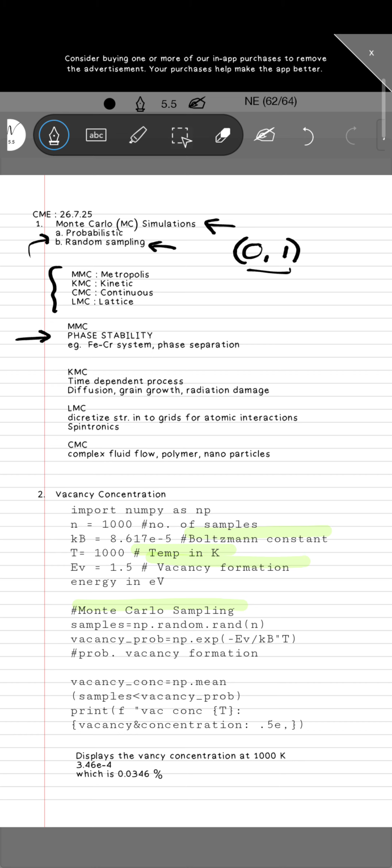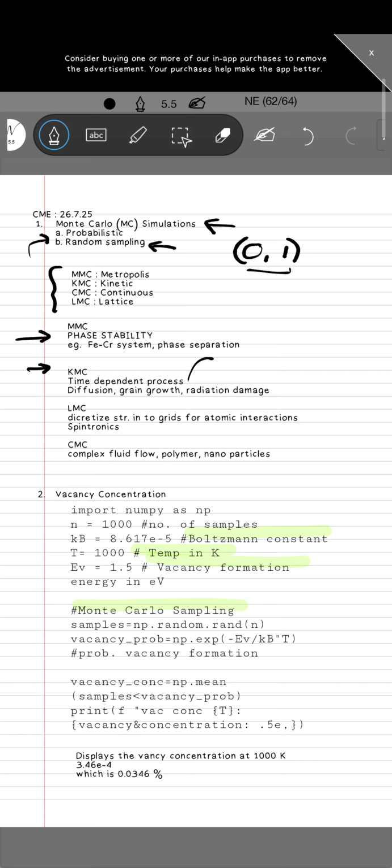The next one is the kinetic Monte Carlo simulation. It is a time-dependent process, and all the physical phenomena that are taking place which have relation with time can be associated with this kinetic Monte Carlo simulation.